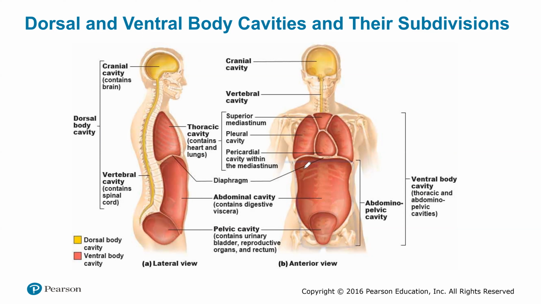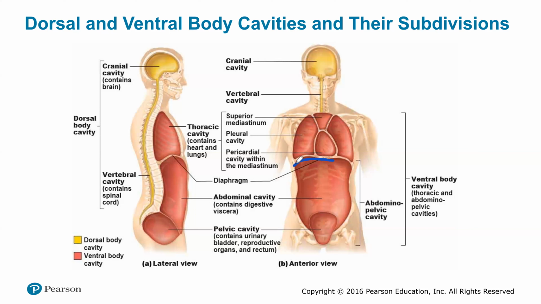The separation between thoracic and abdominopelvic cavity is the diaphragm. Thoracic cavity is divided into pleural cavities, which contain the lungs, so right and left pleural cavities, the pericardial cavity that contains the heart, and the superior mediastinum.